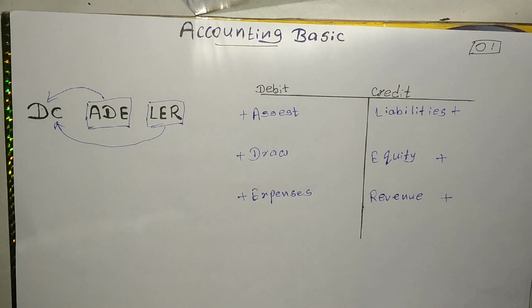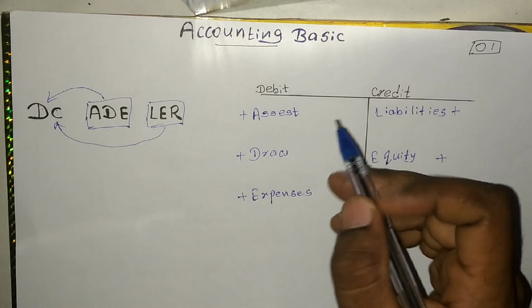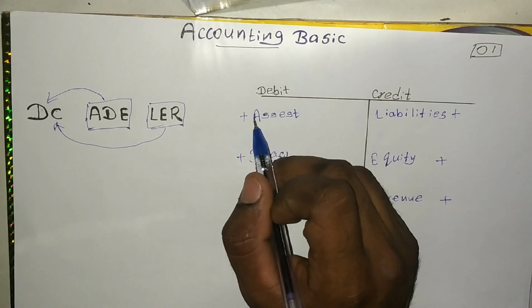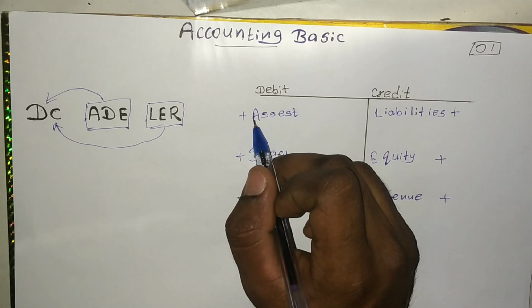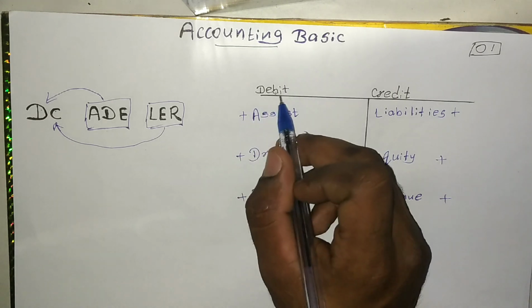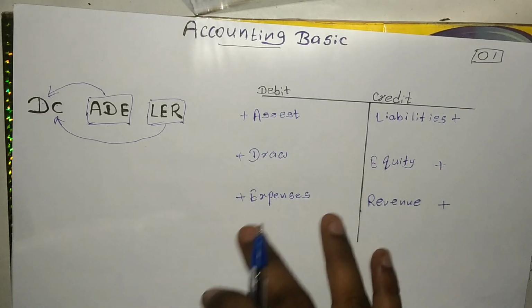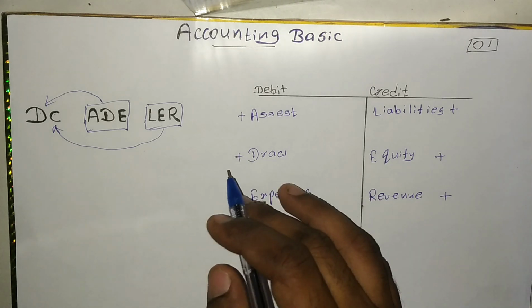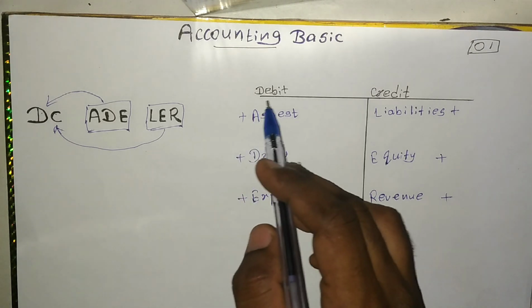When assets are positive, they are entered as a debit. When draw is positive, it's entered as a debit. When expenses are positive, they are entered as a debit. When liabilities are positive, they are entered as a credit. When equity is positive, it's entered as a credit.